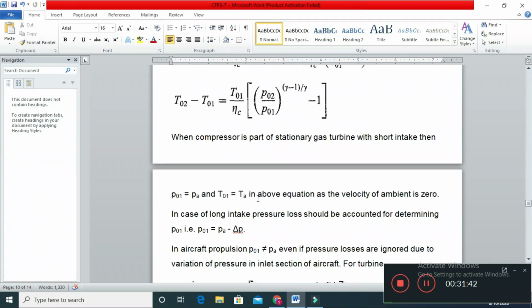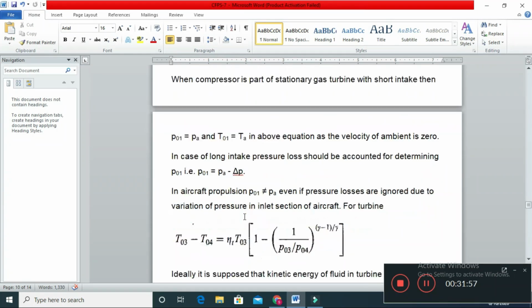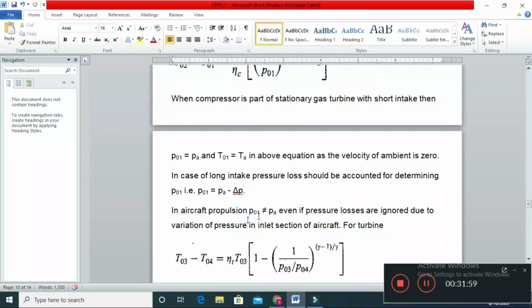So we can write simply PA and TA, which are the ambient pressure and temperature. When the inlet section is long, there is some pressure loss. To account for the pressure loss, we write P01 as PA minus delta P. This is for the case of stationary plants.